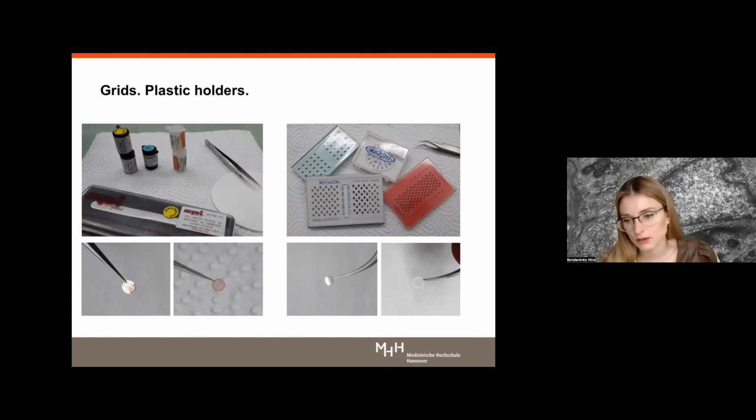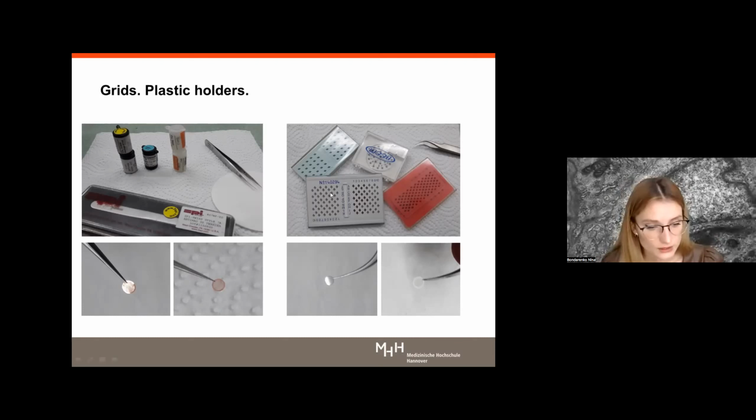The cheap and commonly used is copper grids, certainly, but when you need to work with immunogold labeling, you can't use copper grids due to the chemical specialties of the process. You need to use nickel grids like here.